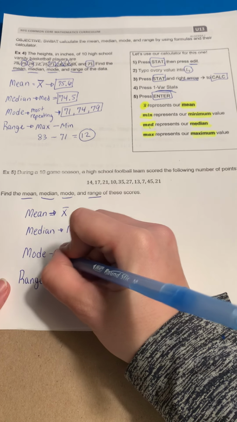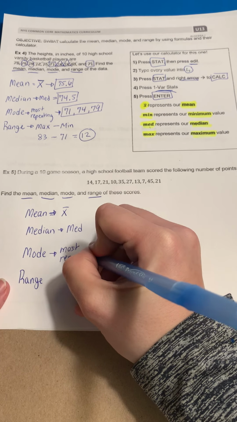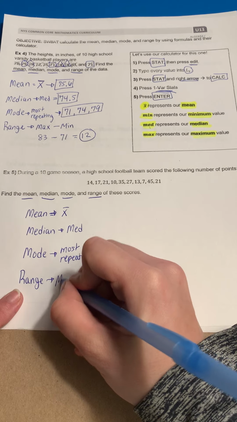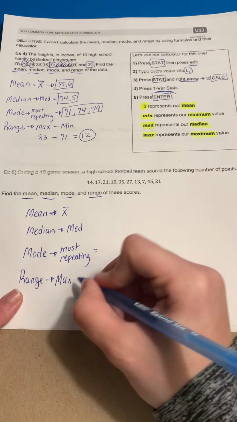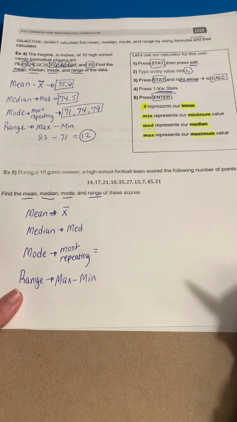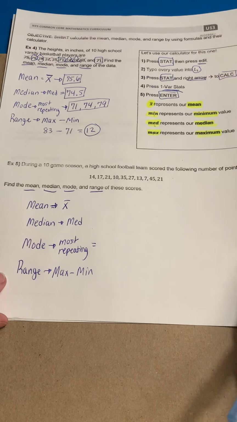I know the mode is the most repeating. And I know the range is the maximum, which is MAX, minus the minimum, which is MIN. Okay, so I set myself up. Now I just got to go to the calculator.